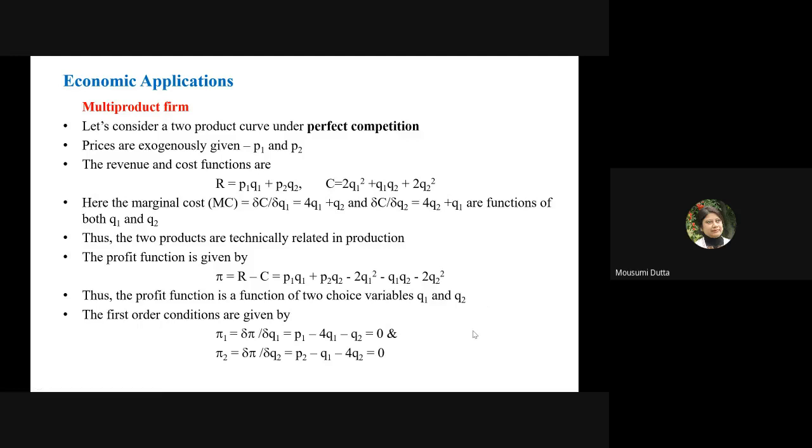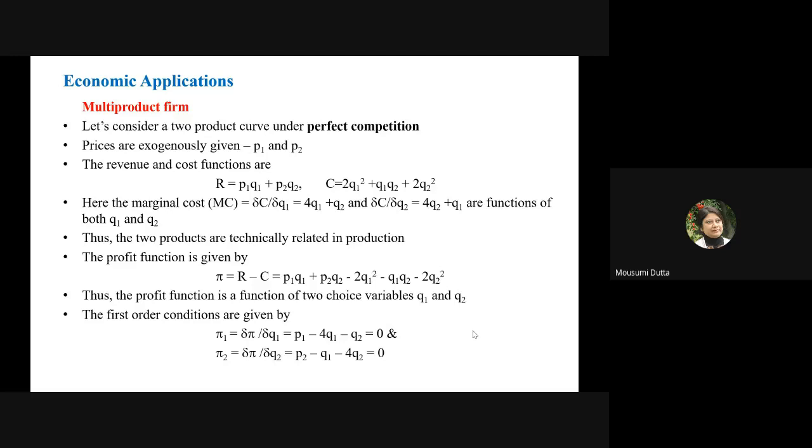So what do we have to do from this profit function? We have to find out Q1 star and Q2 star first. What are the profit maximizing levels of outputs, Q1 star and Q2 star? Once we get Q1 star and Q2 star, we will be able to derive pi star.